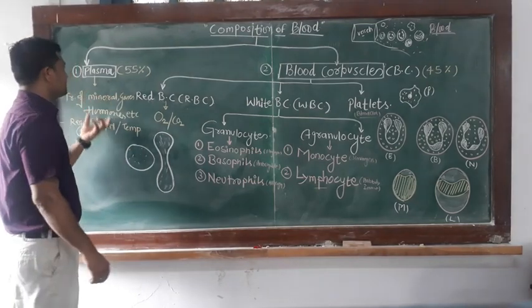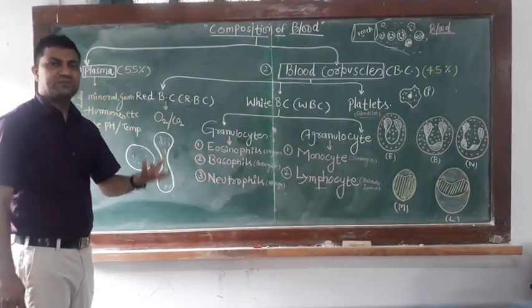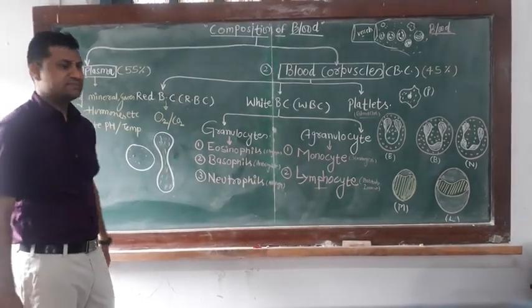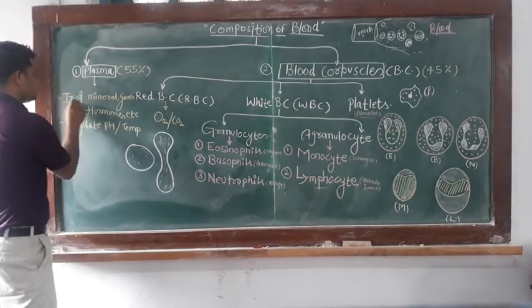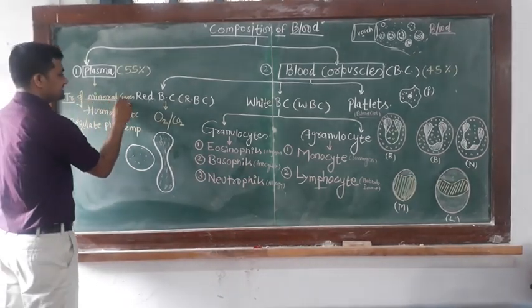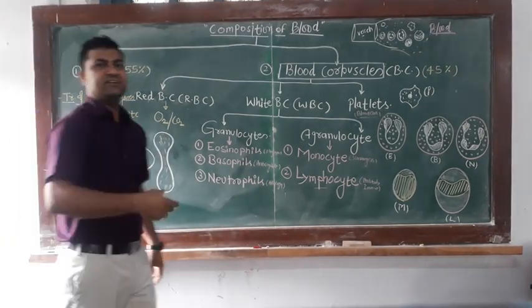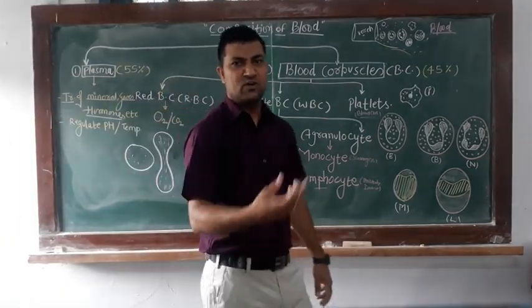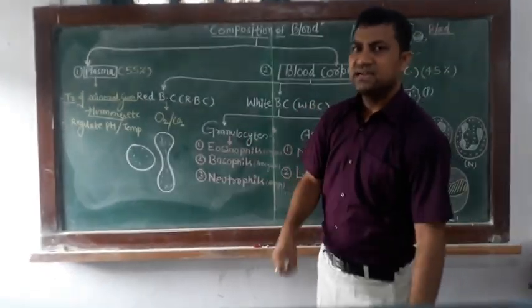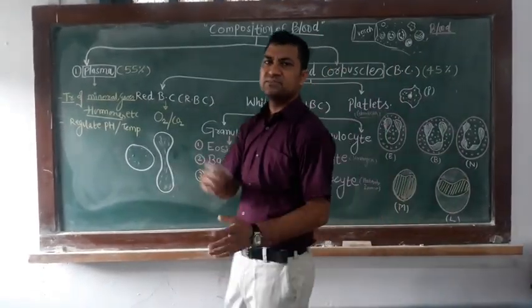What is the role of plasma? What is the function of plasma? The main function of plasma is to transport minerals, gases, hormones and other different kinds of material, organic, inorganic, salts, basic or acidic, from one place to another.